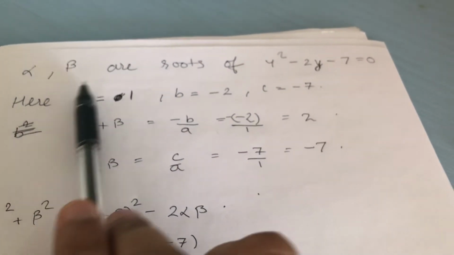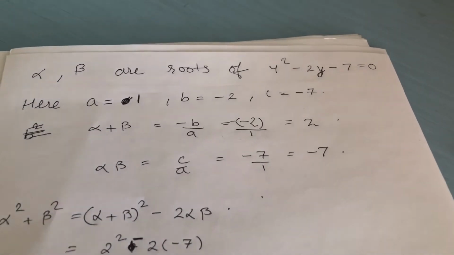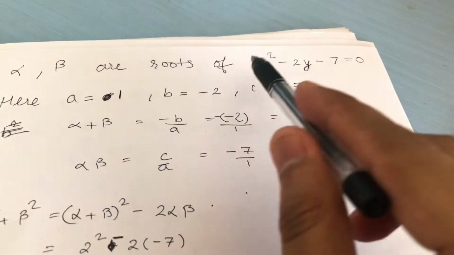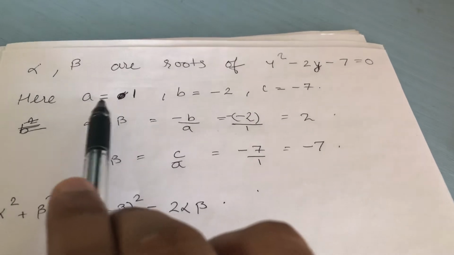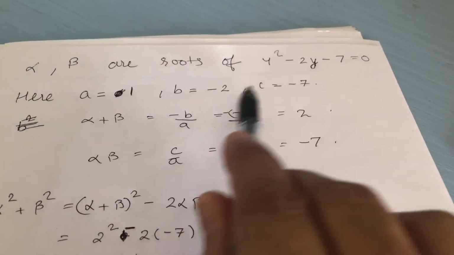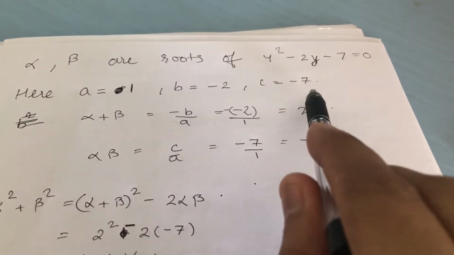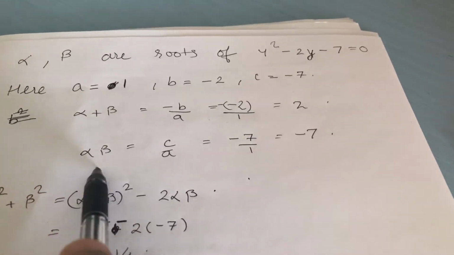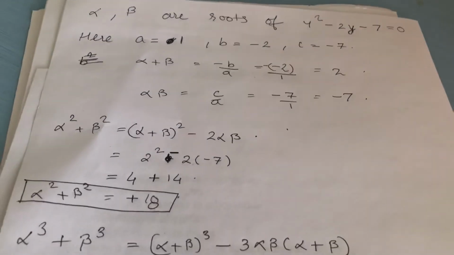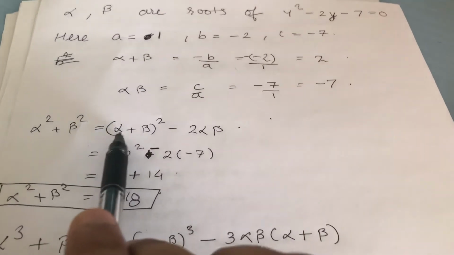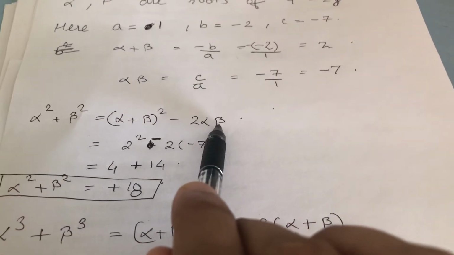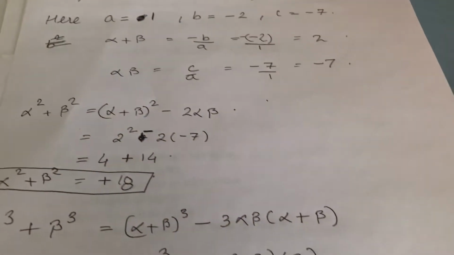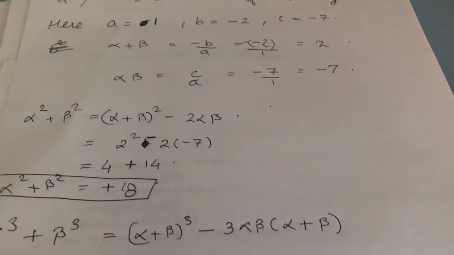Now alpha and beta are roots of this equation, y square plus 2y minus 7 is 0. So here a is 1, b is 2, c is minus 7. So you found out alpha plus beta, you found out alpha beta. Now alpha square plus beta square is this formula. Okay. So even if you don't remember this formula in the exam, you can just derive it as we did now.